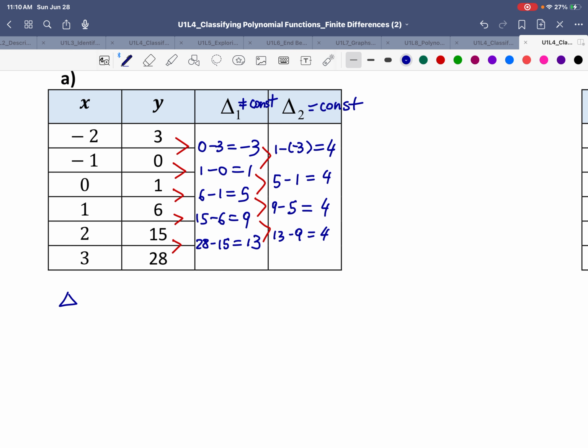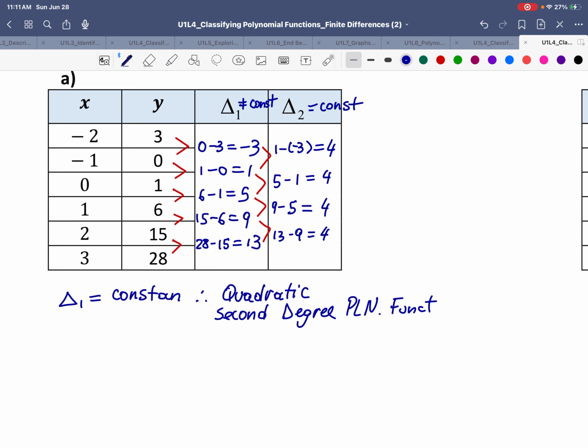So we're going to say delta 2 is a constant number, which tells us that this is a quadratic or a second degree function. So that would lead us to the equation. We should be looking for an equation of the form y equals ax squared plus bx plus c.